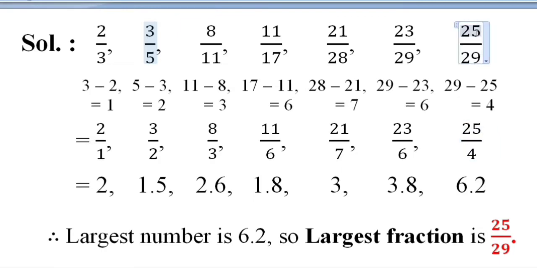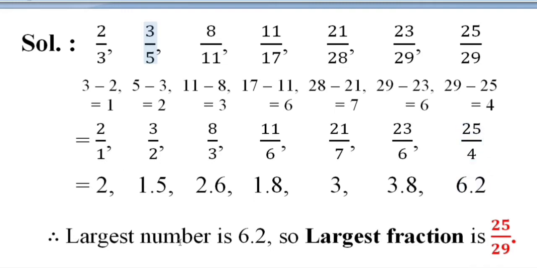That means 2 by 1 is 2, 3 by 2 is 1.5, 8 by 3 is 2.6, 11 by 6 is 1.8, 21 by 7 is 3, 23 by 6 is 3.8, and 25 by 4 is 6.2.